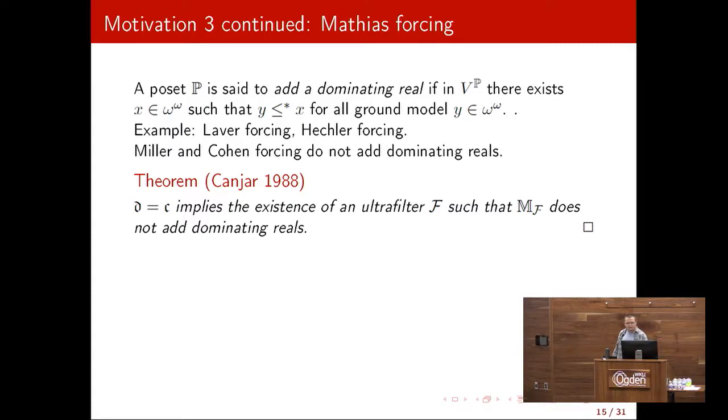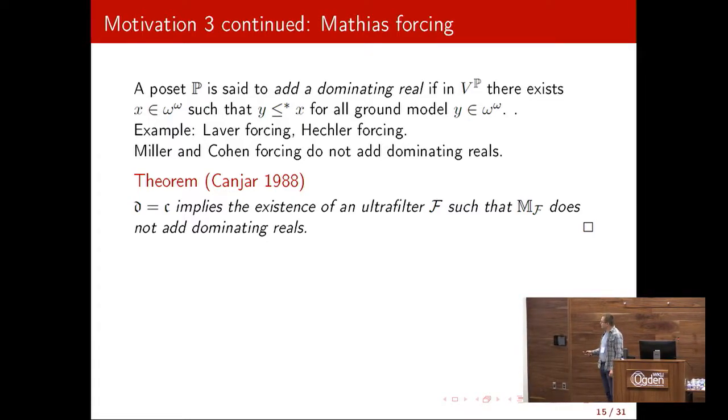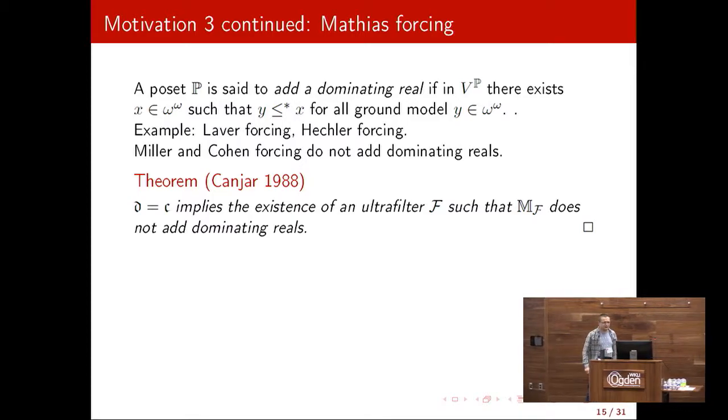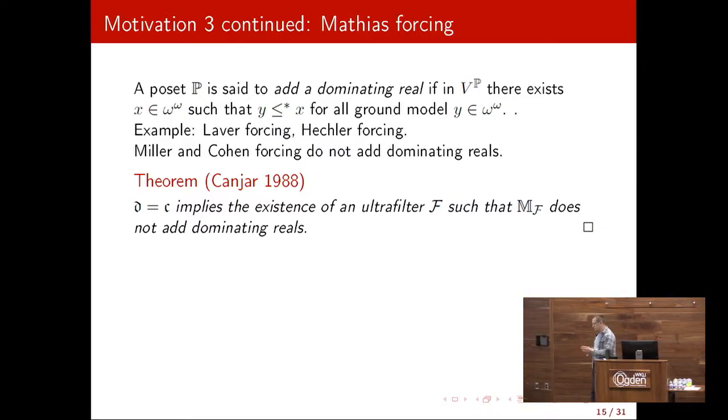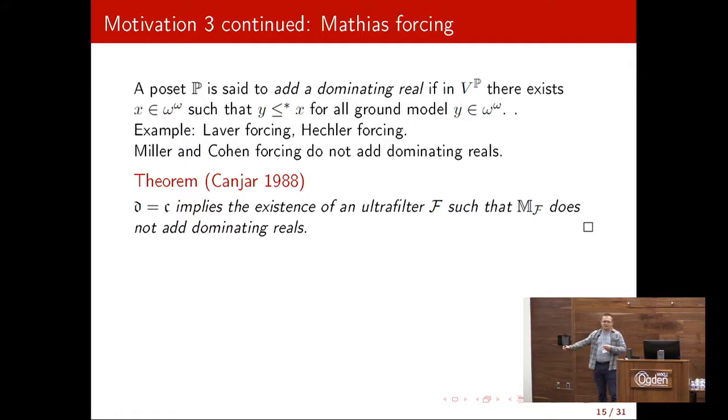And the theorem of Canjar says that under d equals c, one can construct an ultrafilter F such that the Mathias forcing does not add a dominating real. This is a strong result because in an ultrafilter you've got like half of your Cantor set. So you can shoot a pseudo-intersection through half of your infinite sets, but still not add dominating reals.